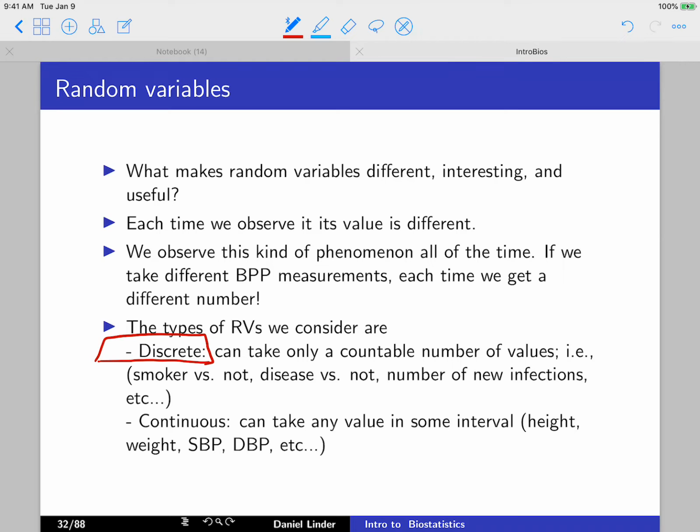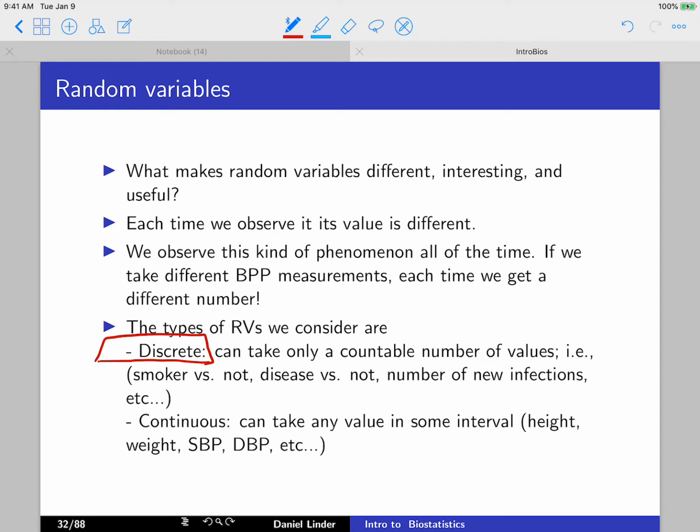Some examples of those would be smoker versus not, so smoking category, disease versus not, so disease category. Even a variable like, say, the number of new infections would be discrete because it can only take a countable number of possible values. For instance, 0, 1, 2, 3, all the way up to potentially infinity.